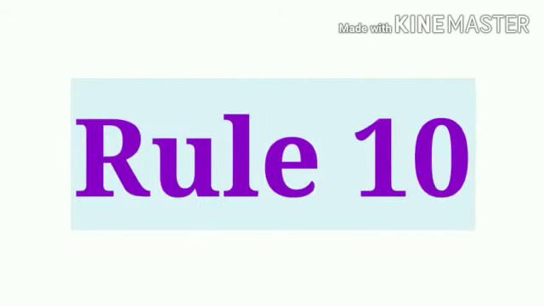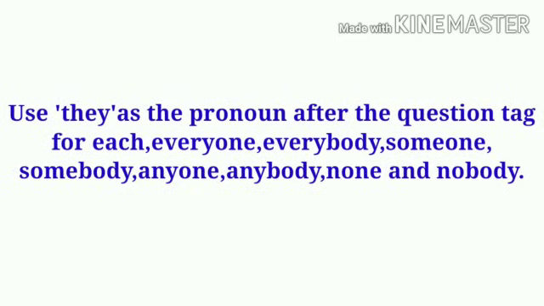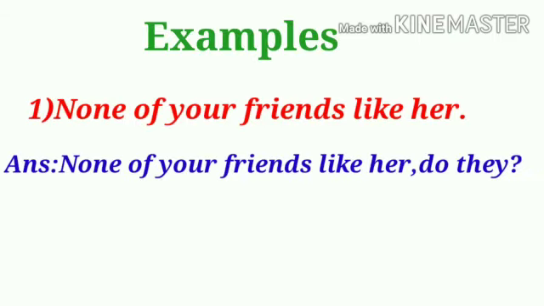Rule number 10. Use they as the pronoun after the question tag for each, everyone, everybody, someone, somebody, anyone, anybody, none, nobody. Let us see few example. None of your friends like her.